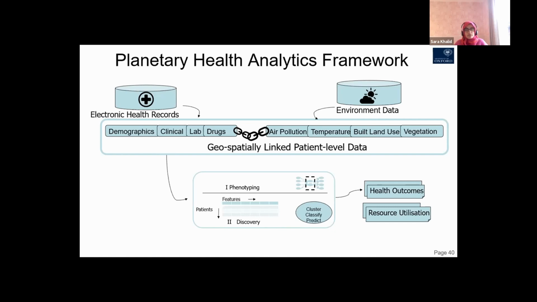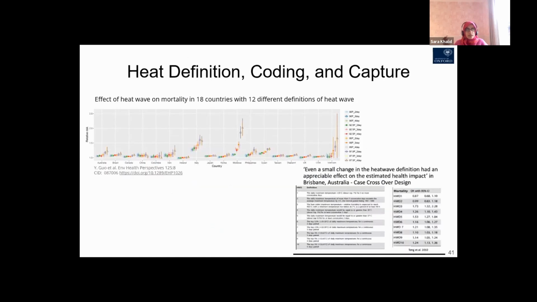But just to give one example, let's look at the instance of heat, information on heat and how it's recorded. The International Classification of Disease, the ICD-10 classification, contains specific codes for attributing death from exposure to excessive natural heat and excessive natural cold. However, medical records will not typically include information on the weather conditions at the time of the event happening.